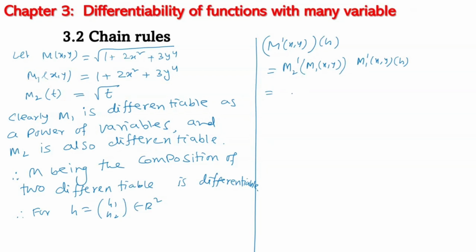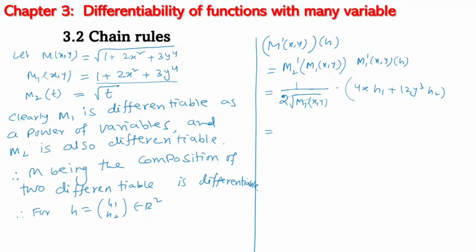The derivative of square root t is 1 over 2 square root of m1(x,y), multiplied by the derivative of m1. With respect to x it will be 4x h1, plus with respect to y it will be 12 y to the power 3 h2.